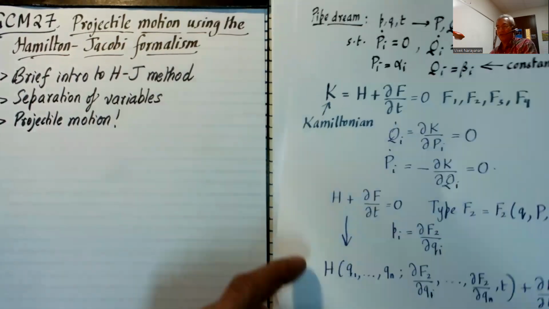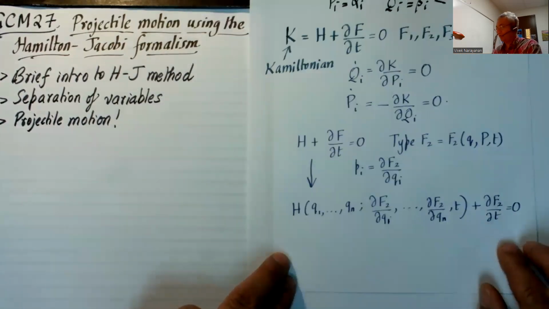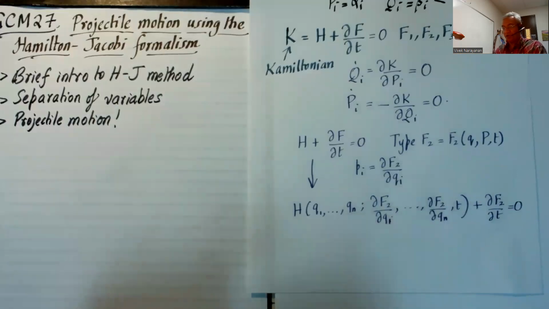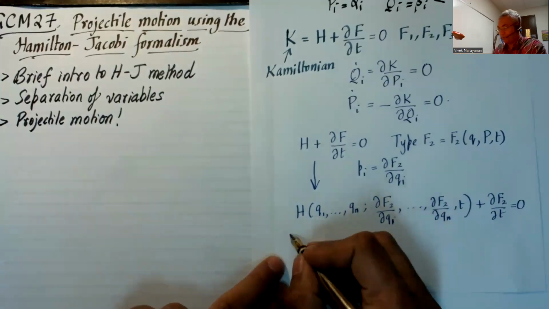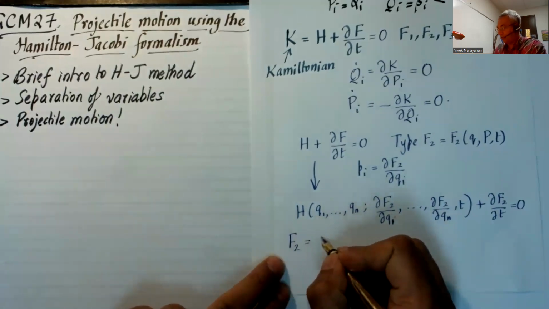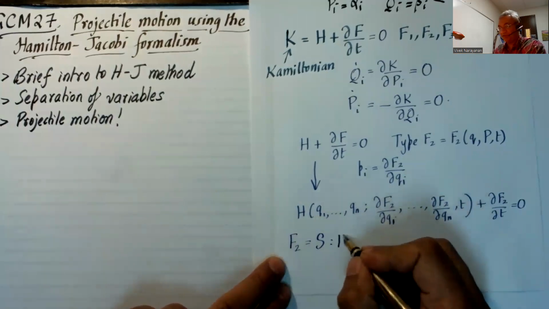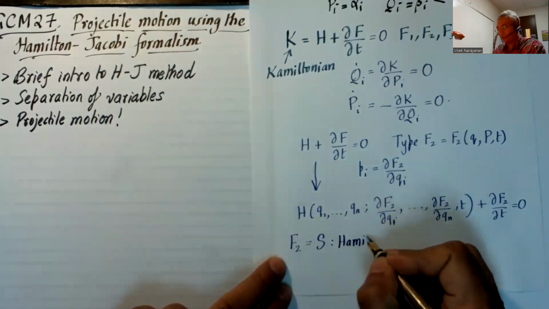This awesome looking equation is known as the Hamilton-Jacobi equation, except it's customary to call F2 by the symbol S. This S is sometimes called Hamilton's principal function.